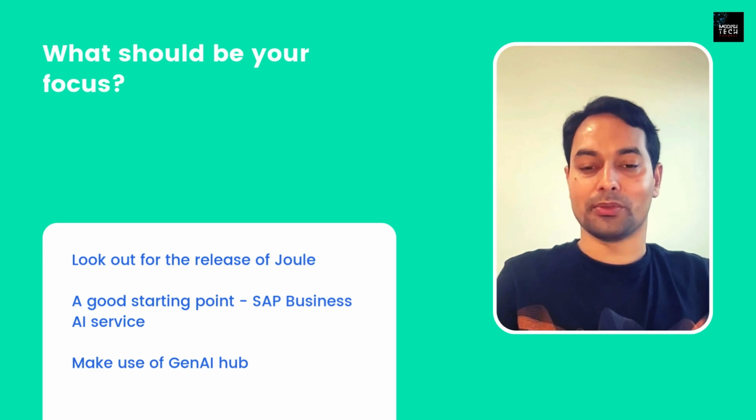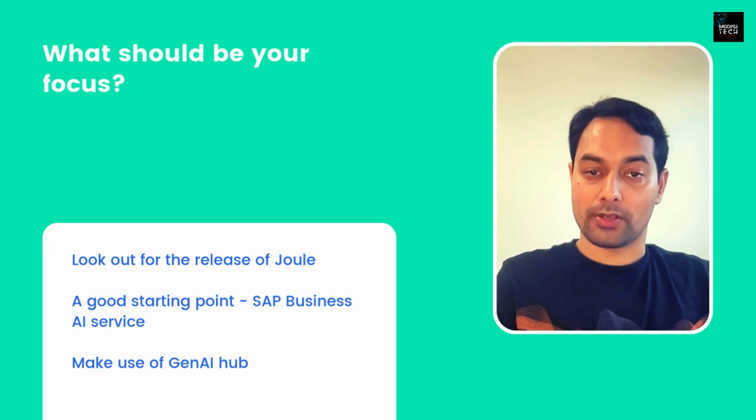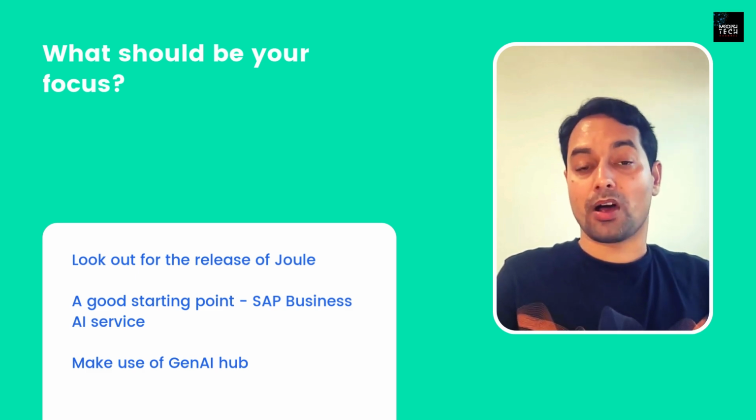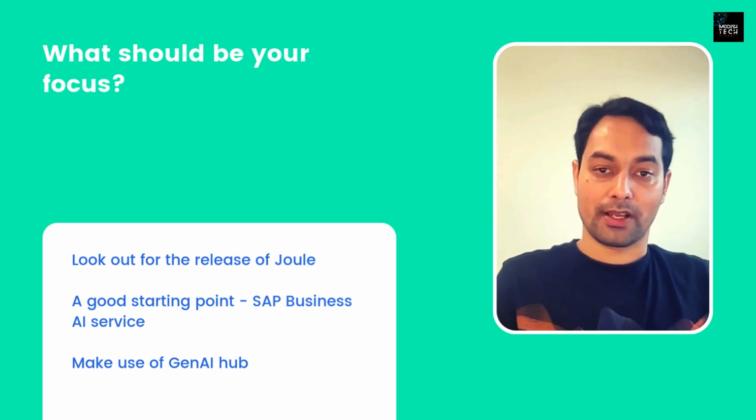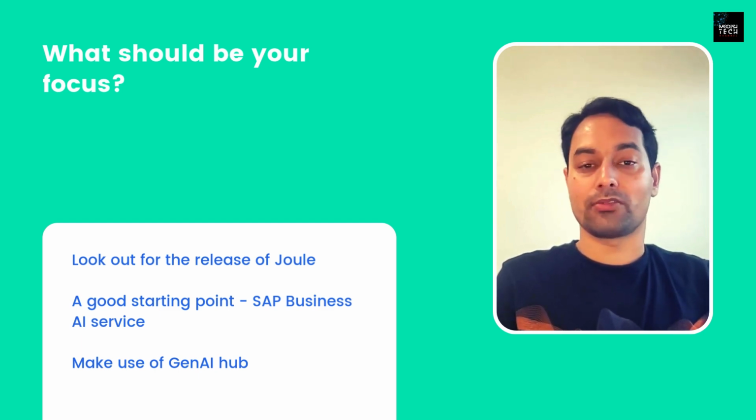It's that simple. And third, since Gen AI Hub is generally available now, I would recommend using it rather than going to different vendors' websites and trying out there. Just try out the prompt engineering tools in SAP Gen AI Hub and see which model works for you.